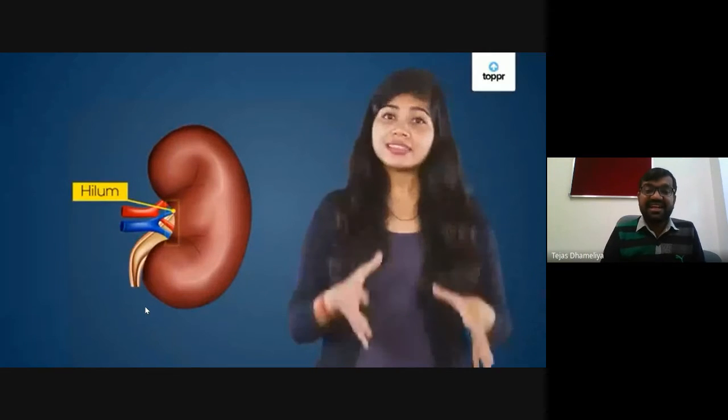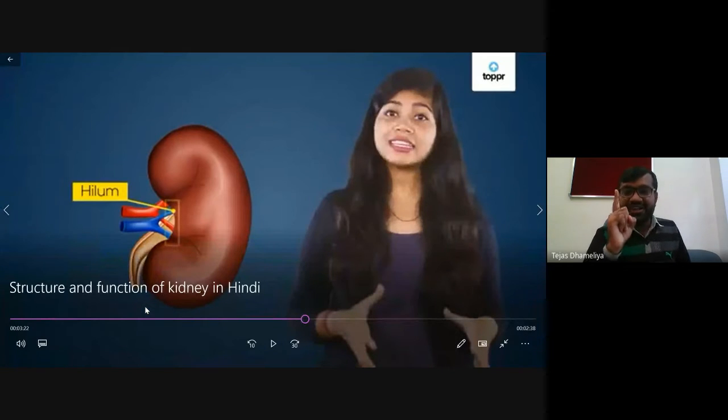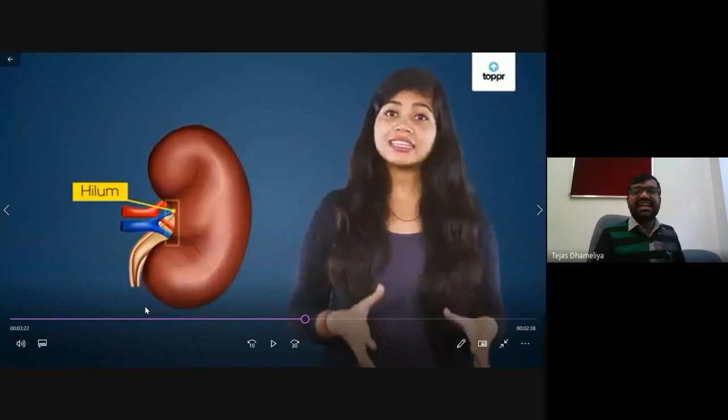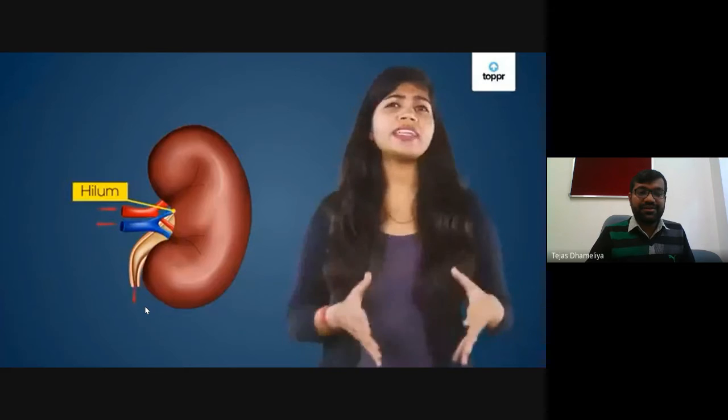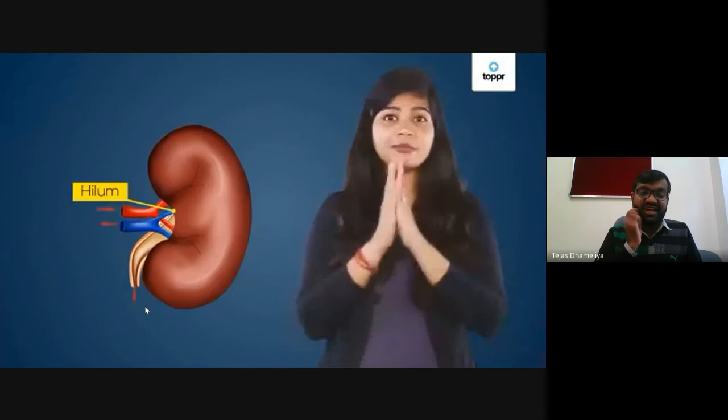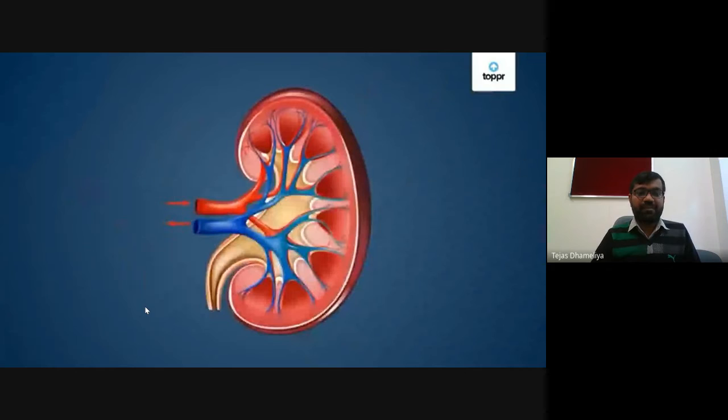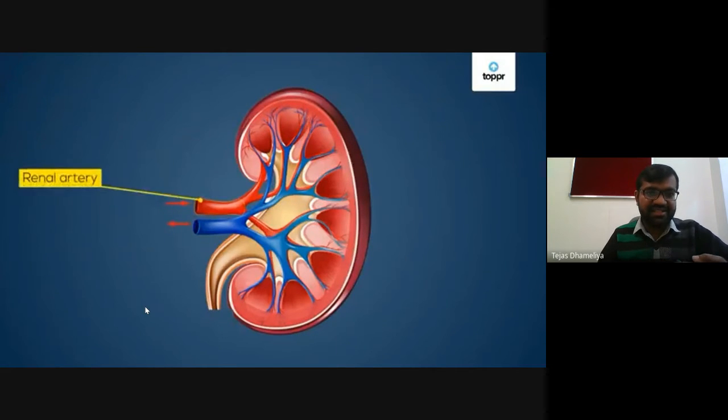Therefore it is said that the renal vein is the only vein which contains pure blood, and the renal artery is the only artery which contains impure blood. This is an exceptional case. The renal artery takes in impure blood, which contains toxic metabolites.